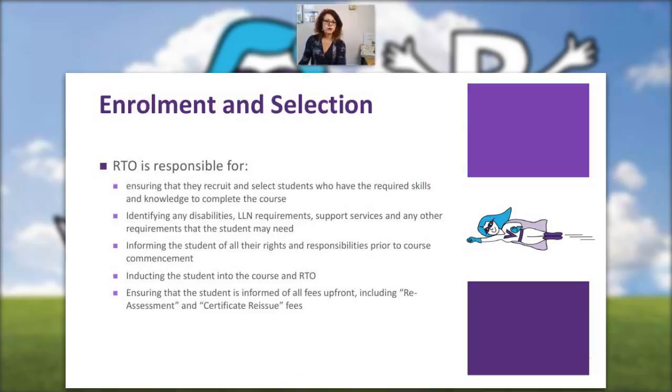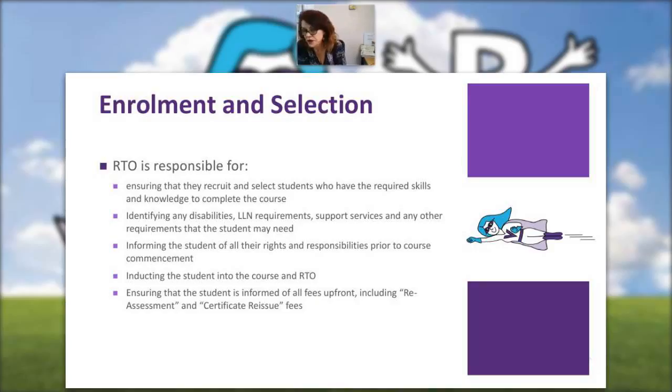Okay. Enrollment and selection. The RTO is responsible for ensuring that they recruit and select students who have the required skills and knowledge to complete the course. Not like some RTOs who are advertising in shopping centres or going to remote communities and basically getting them to sign documents.